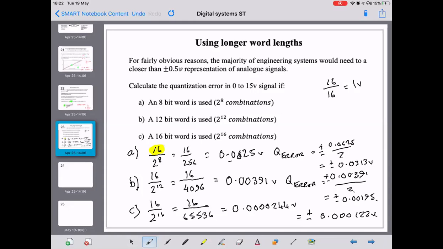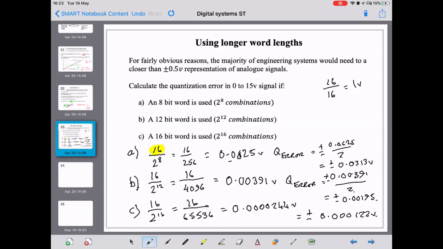So as you can see from that, if we keep adding 4 bits on, we gradually reduce that error. The only one I've really got any knowledge of, Mitsubishi PLCs, certainly the series I worked with, uses 12 bits for its A to D converter, because there's a trade-off between how many bits you use. The more bits you use, the smaller error you get in representing the analog signal.